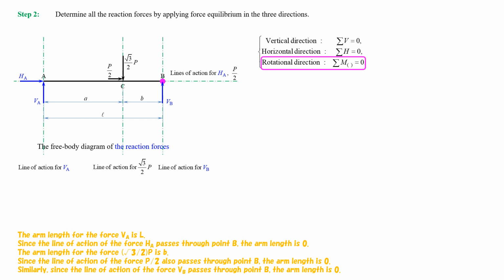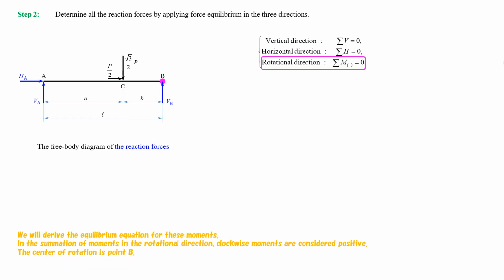The arm length for the force, the square root of 3 divided by 2, multiplied by P, is B. Since the line of action of the force 1/2 of P also passes through point B, the arm length is 0. Similarly, since the line of action of the force VB passes through point B, the arm length is 0.